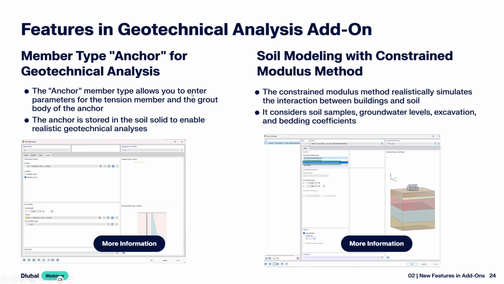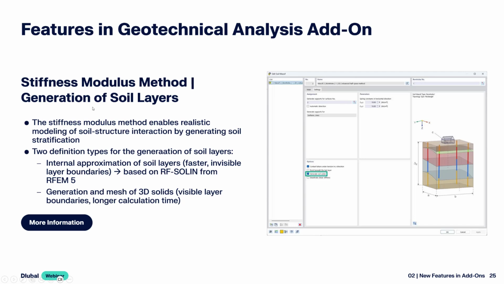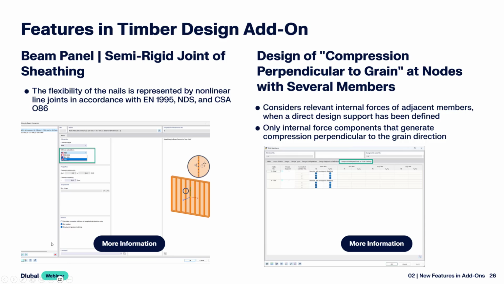Then the features in the geotechnical analysis add-on. The member type anchor is available. Then the constrained modulus method is also available now. And new is the generation of soil layers. Okay. Then the timber design add-on, the beam panel, semi-rigid joint of sheeting for the different standards.